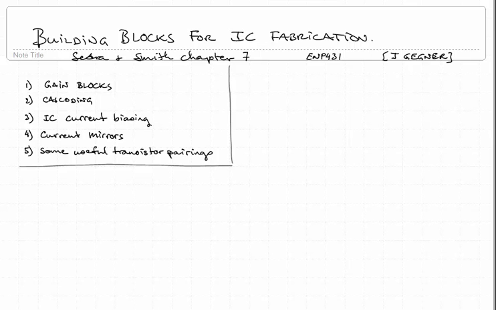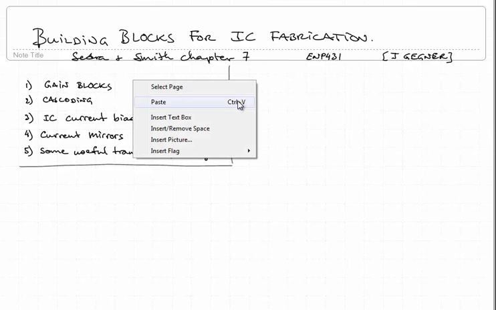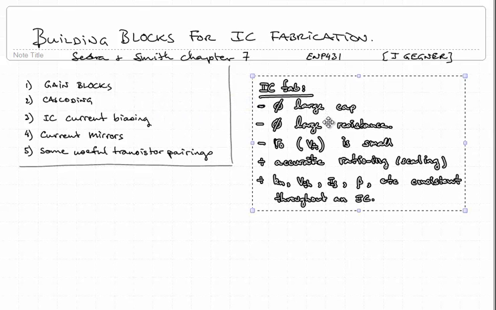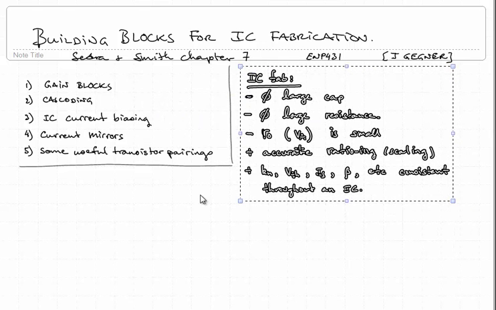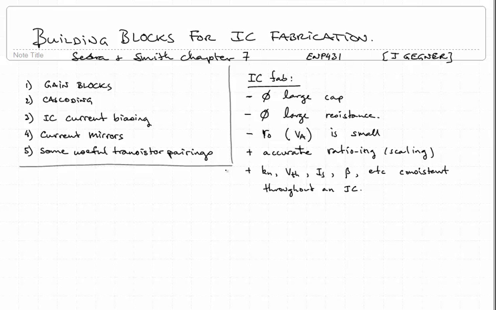Before we dive into these 5 items, first let's consider some of the unique challenges and opportunities in fabricating an analog circuit on an integrated circuit. When we build an analog circuit on a single silicon die, we have some limitations and some advantages.